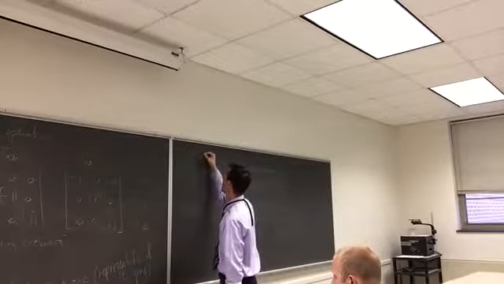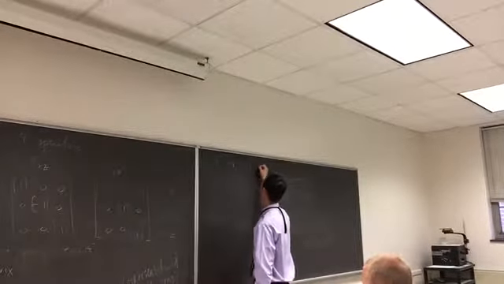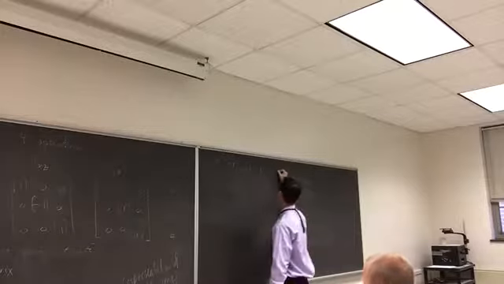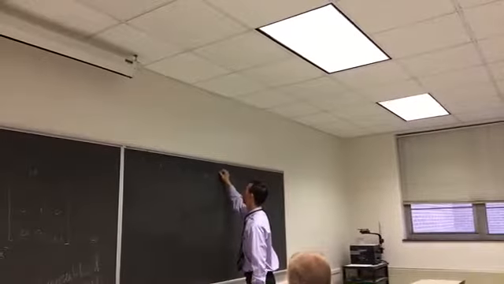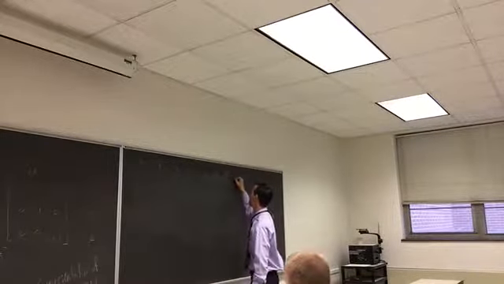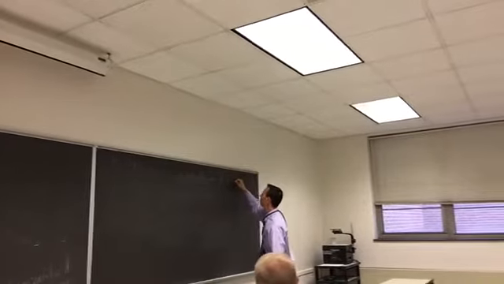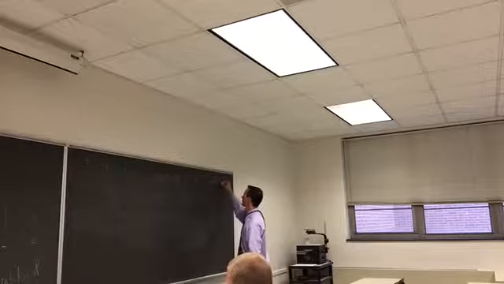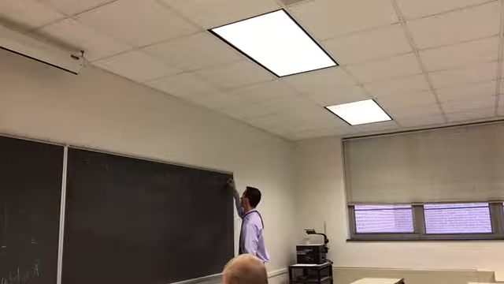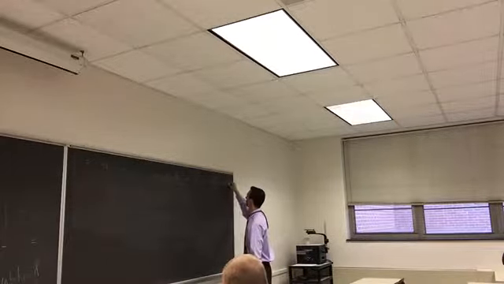The 3, negative 1, 1, 1 is really the sum of three smaller representations.